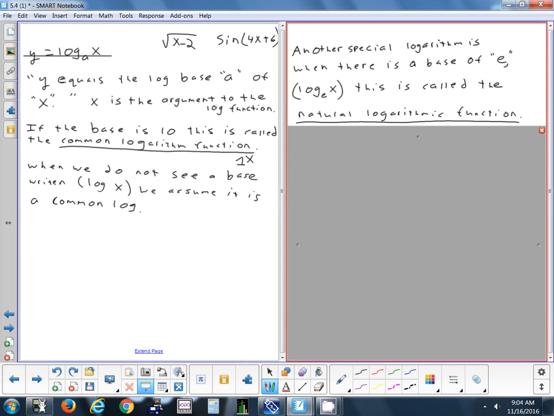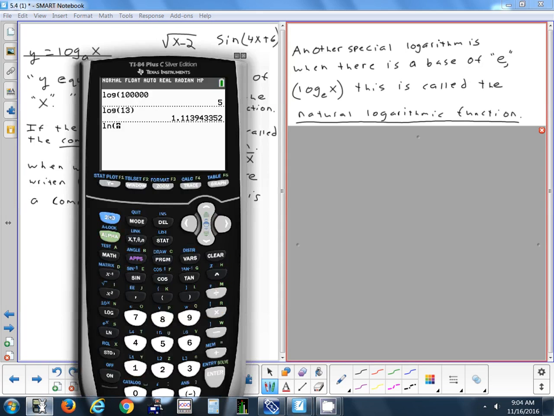That's the base of the natural log, e. And e is the number 2.718. It's irrational, so if you look at it on the calculator, it looks like there's a pattern, but it doesn't keep repeating. It doesn't keep going 1828, 1828, 1828. It changes after that.